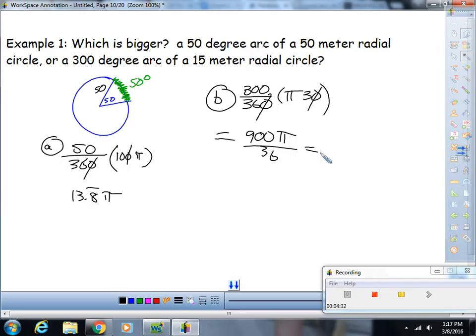Which equals 25 pi. So, the 300-degree arc is bigger. That is the bigger arc.